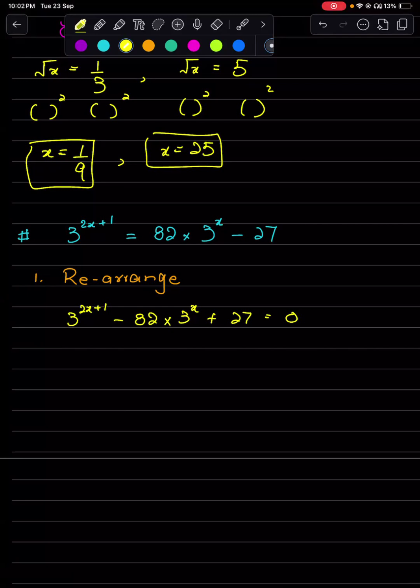We need to apply the laws of indices. Multiply 82 and 3? I cannot multiply 82 and 3. This term is only in terms of x. This has the power of x. How can the two be multiplied? No.